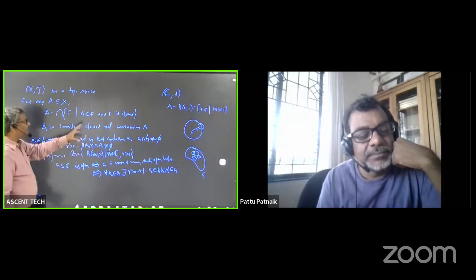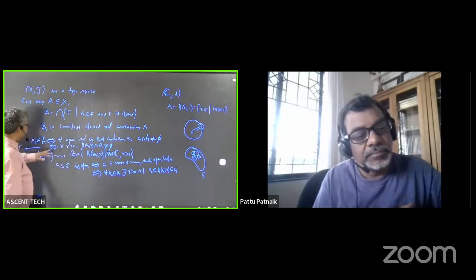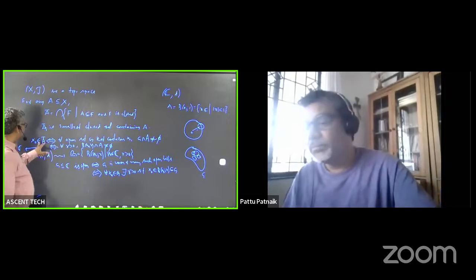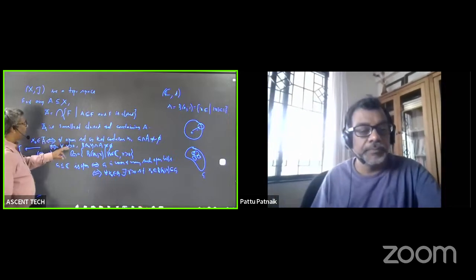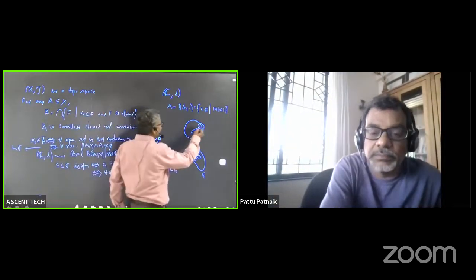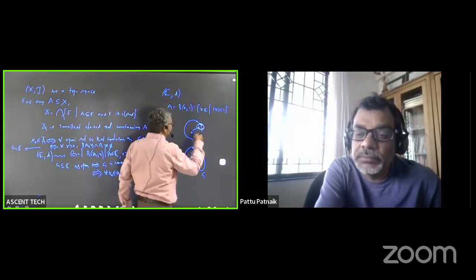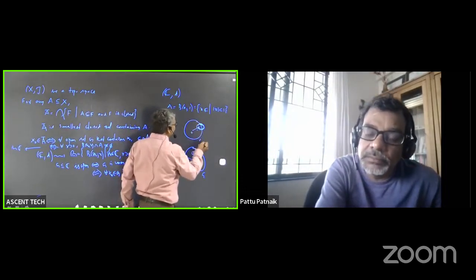In topology, I have not introduced any metric. But in a metric space, I can replace this: x naught is in A bar if and only if every small circle I take around that x naught intersects this set A.